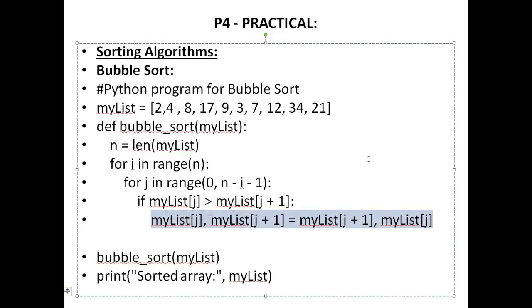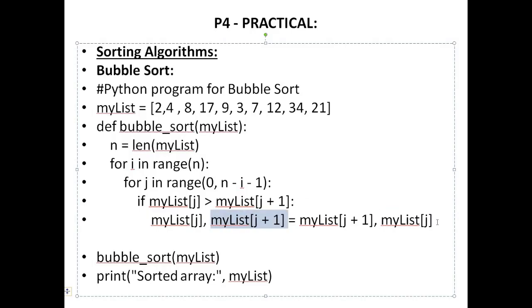This is something we discussed in a previous lecture as well, that you can assign multiple values to multiple variables together without needing a temporary variable. By changing the order, the value in my list j plus 1 will be stored in my list j, and whatever was at my list j will be stored in the next position. So they both will be swapped.